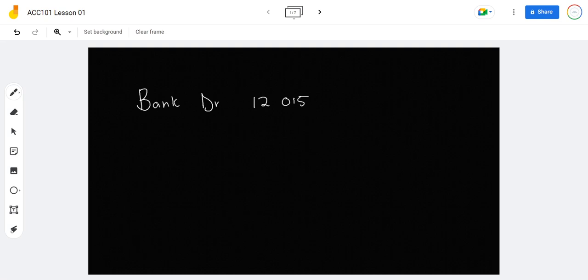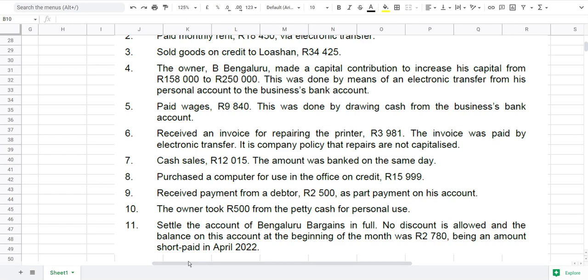And then what else? It is sales, right? Sales account as an income is going to increase on the credit side. 12,015. So let's record this before we continue.